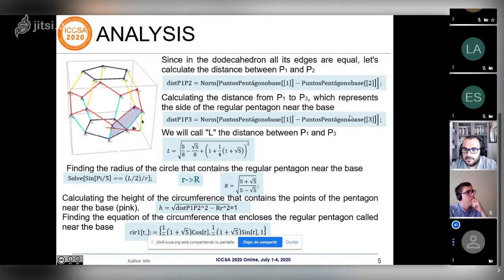The distance between the base regular pentagon and the near-the-base pentagon is 1.